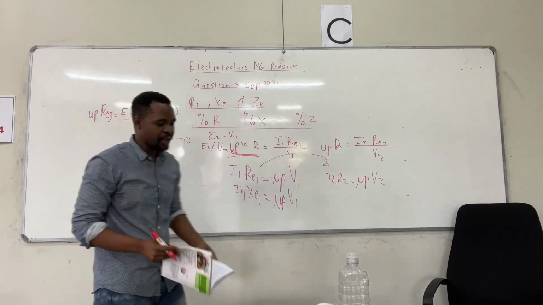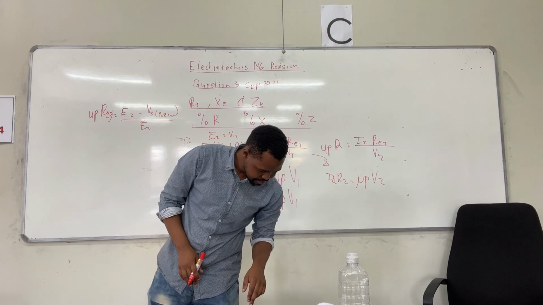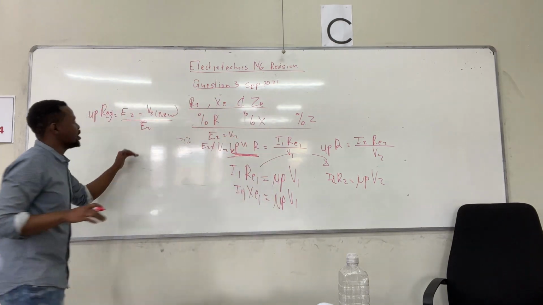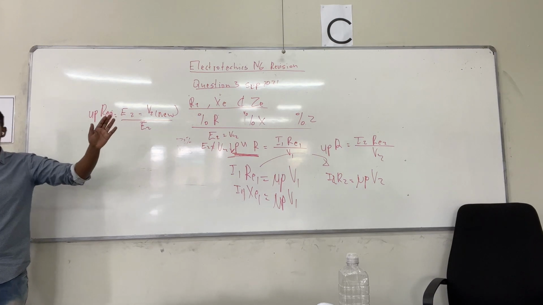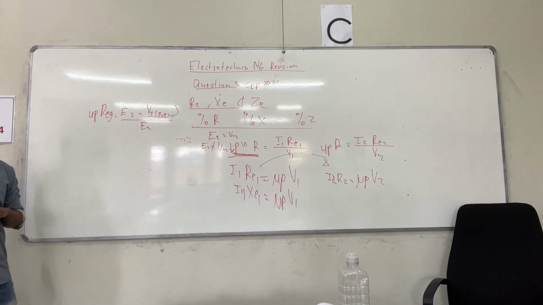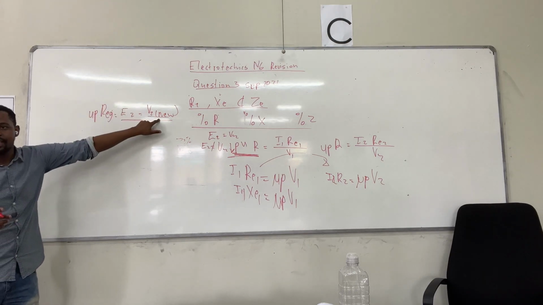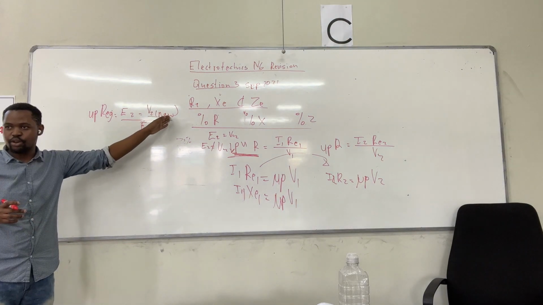Guys, why am I using E2? Because E2 is the no load voltage. Then V2 is the new voltage when we started to connect a load. E2 is higher than V2, because when you start to connect a load, we get a voltage drop.